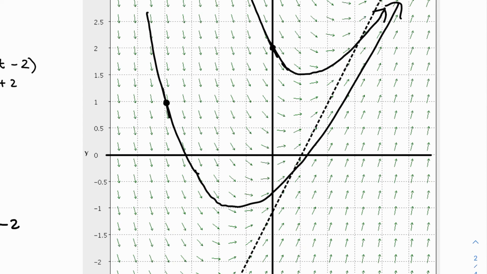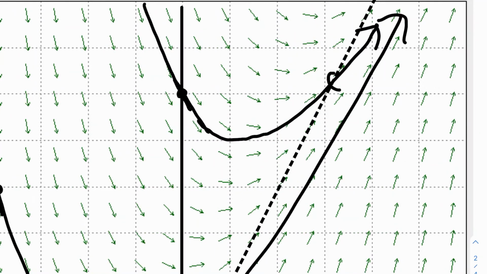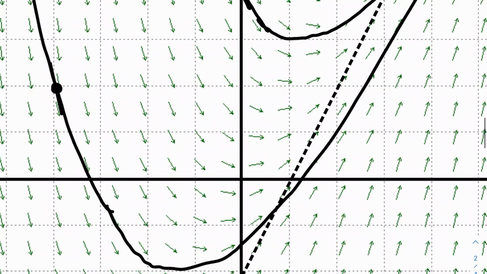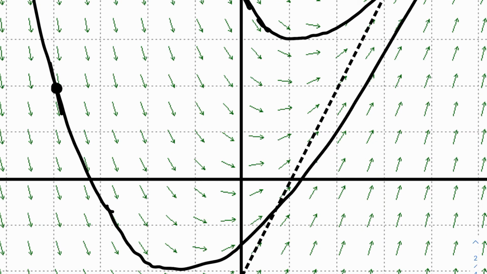So right here, as this solution goes through that line, it does so at a slope of 1. Every single solution you could possibly draw is going to cross that line, even right here. It's going to pass through the line at a slope of 1.